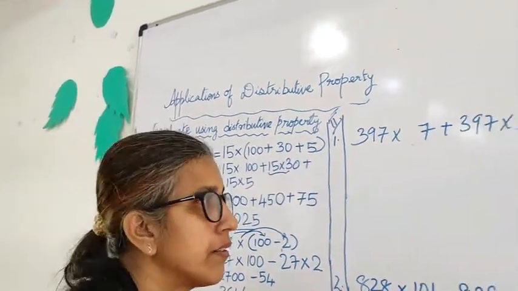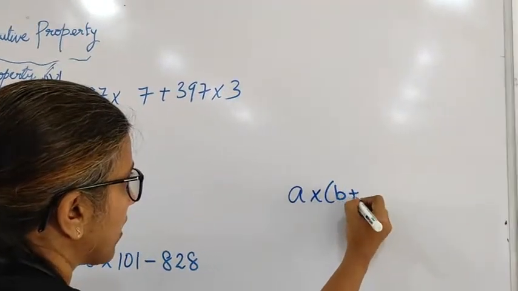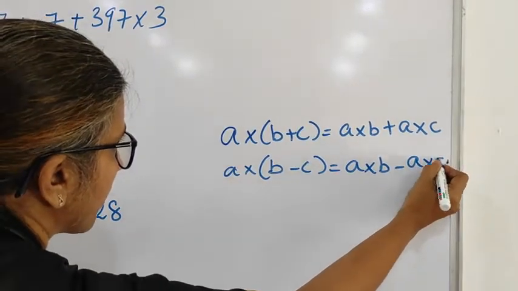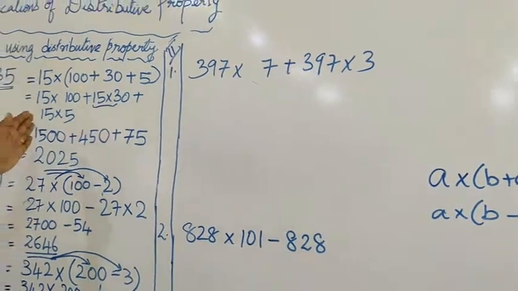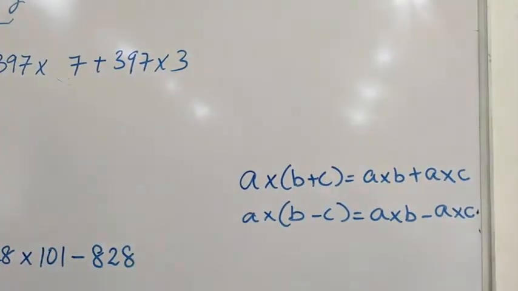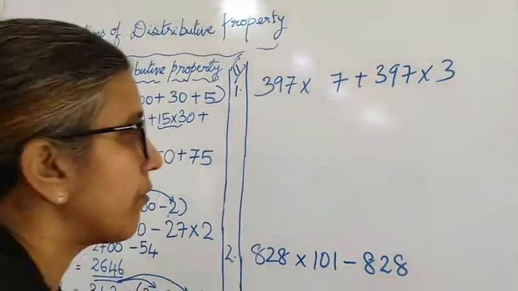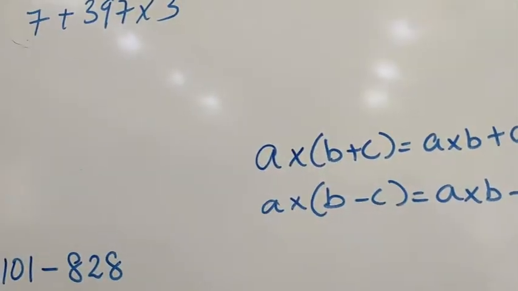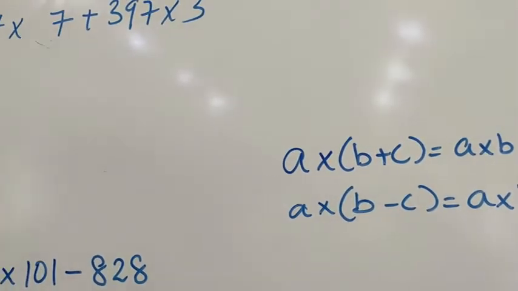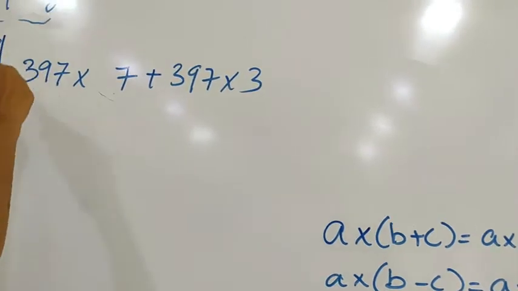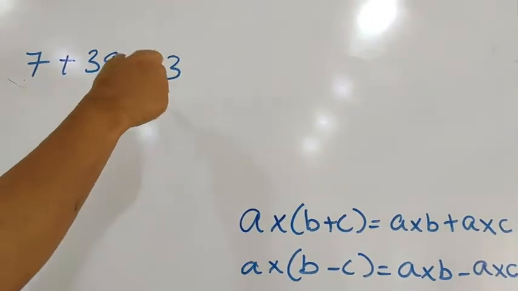So in the first type, this was the distributive law: A into B plus C is equal to A into B plus A into C, or A into B minus C is equal to A into B minus A into C. So in this type, we were converting the given question to the right hand side, that is A into B plus A into C. But in this question, you can see that it is not like A into B plus C. Some number into second number, the same number into another number.